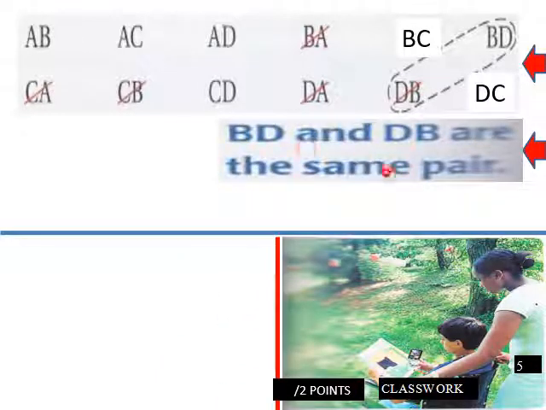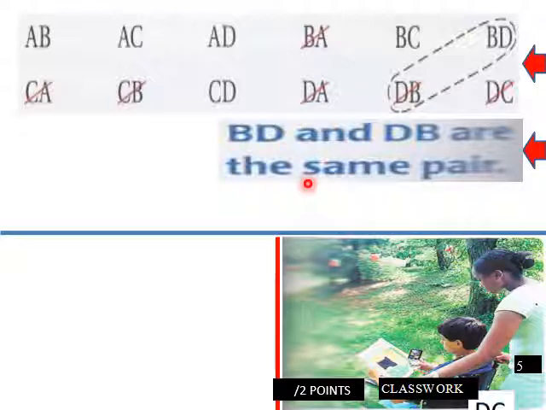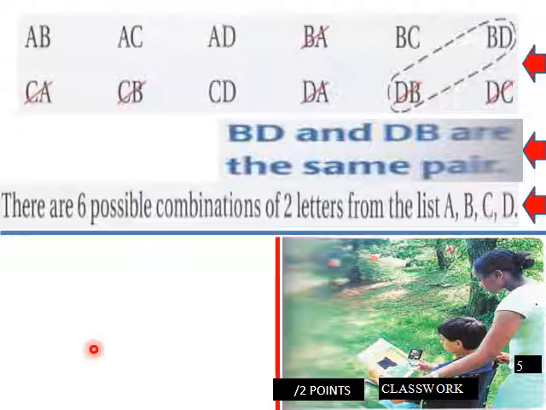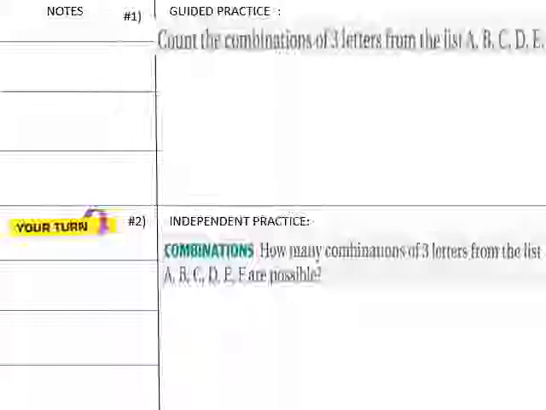BD and DB are the same pair. There are 6 combinations of 2 letters from the list A, B, C, D: AB, 1, 2, 3, 4, 5, and then 6. These would be the 6 combinations.